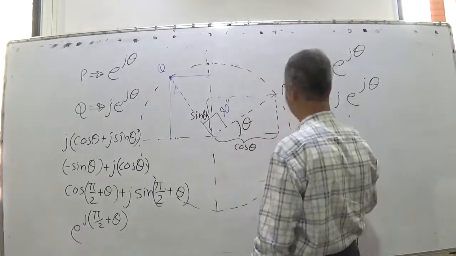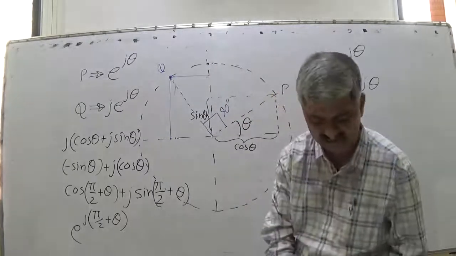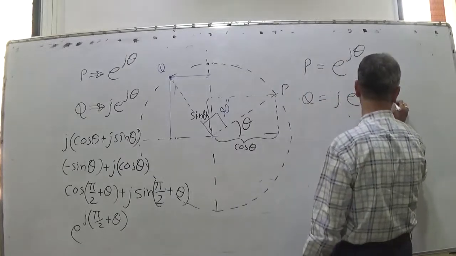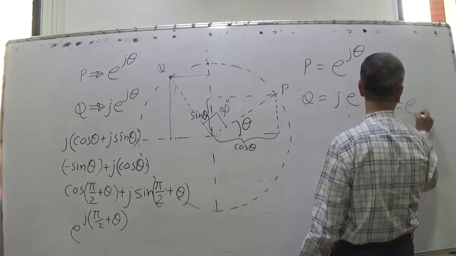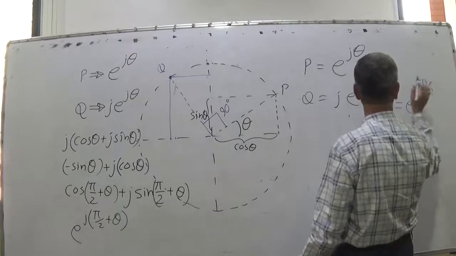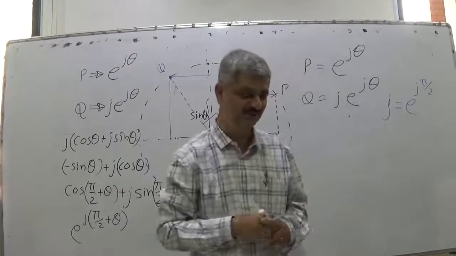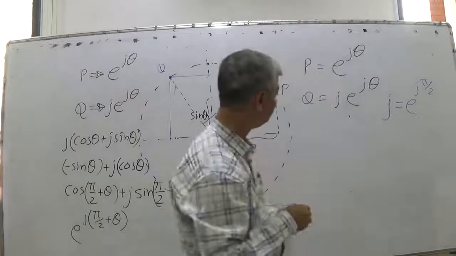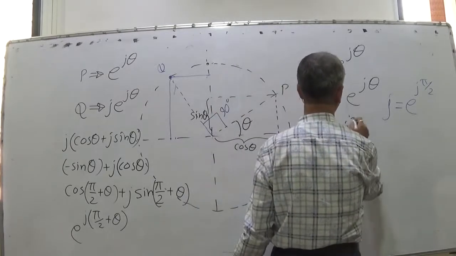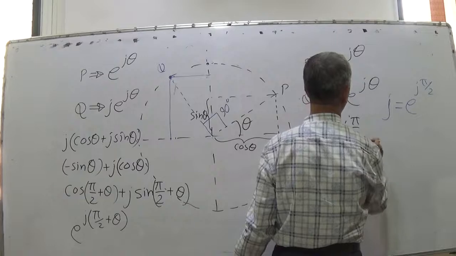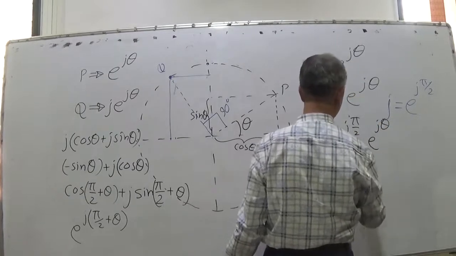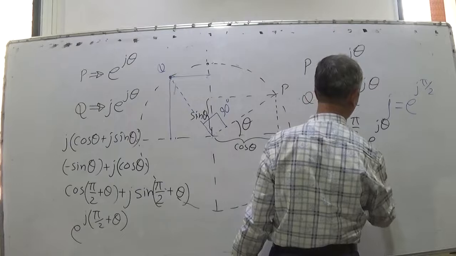So I write one identity which I think everybody will agree, there is nothing new: j is equal to e raised to j pi by 2. Once we accept this identity, I can write Q equal to e raised to j pi by 2 into e raised to j theta. So it is e raised to j of pi by 2 plus theta.